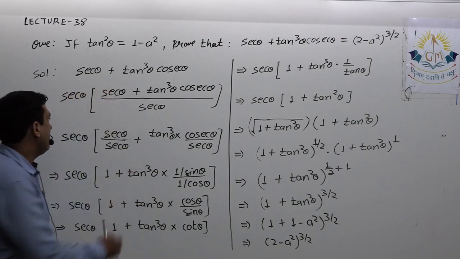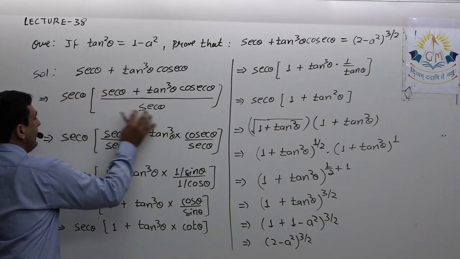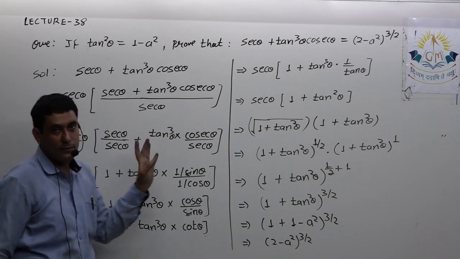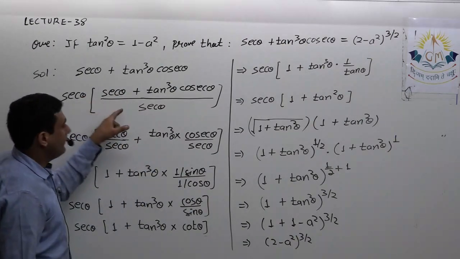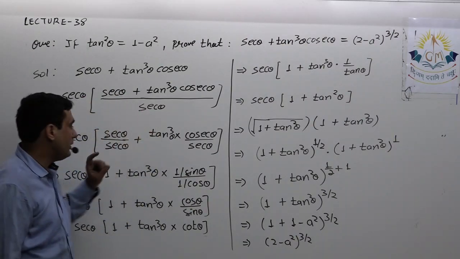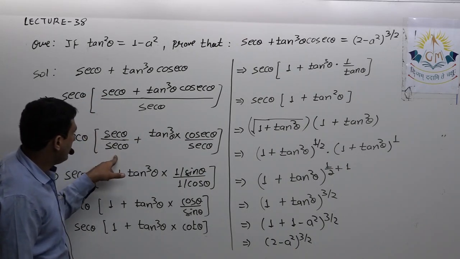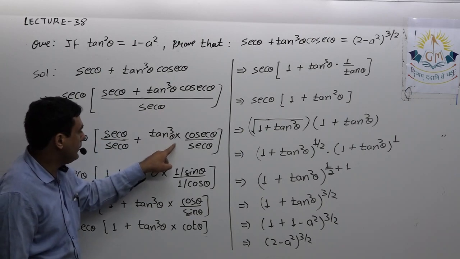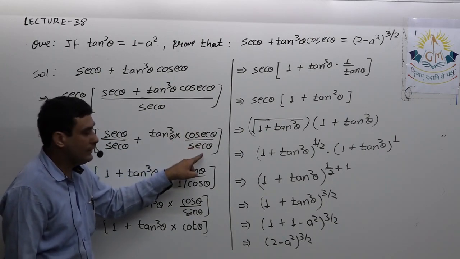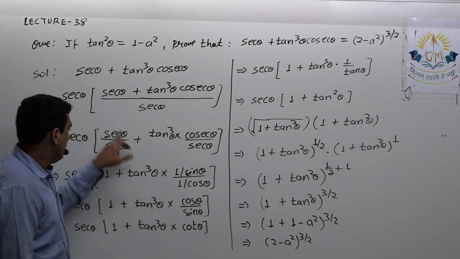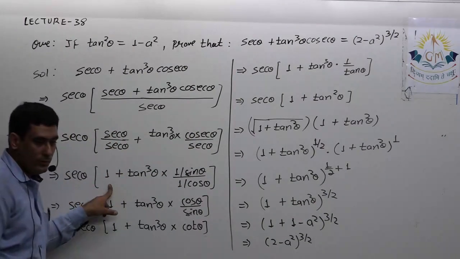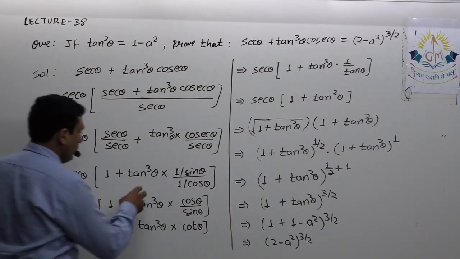What I did, I started by dividing and multiplying the given expression by sec theta. I divided as well as multiplied, so that the question remains as it is. Now here sec theta upon sec theta, and over here tan cube theta multiplied by cosec theta upon sec theta. This sec theta and sec theta cancel out, and I got 1 over here.